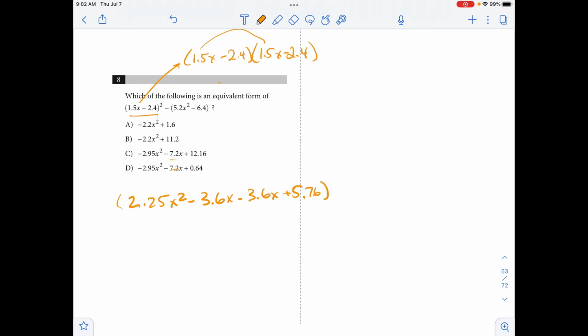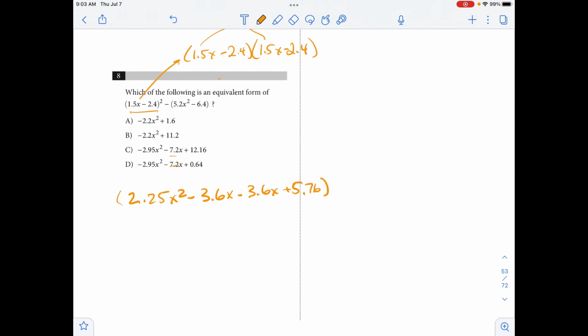That's this one here. Then we can do the same thing with the next one. Well, the next one is not squared, so you don't have to multiply that out. Sorry about that, my eyes are going bad here. So then we just have minus 5.2x squared minus 6.4.